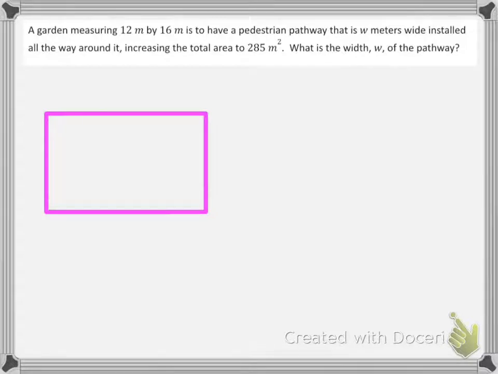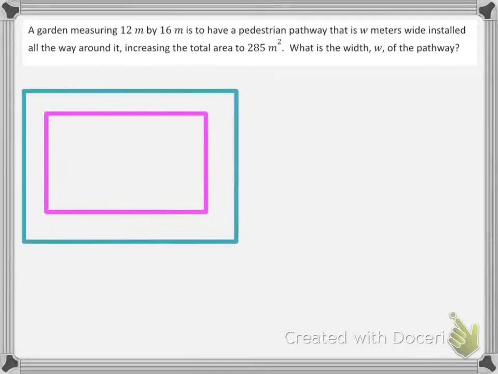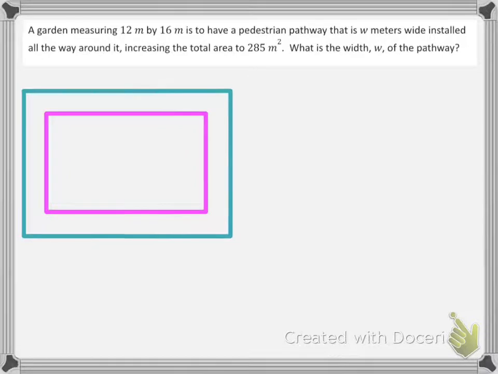So if I put a W width pathway around it, maybe it looks like this, right? We don't know how wide it really is, but maybe it's like that. And then wouldn't it be true that this distance from here to here would be W feet? And then from the left side, from here to here, wouldn't that also be W feet?